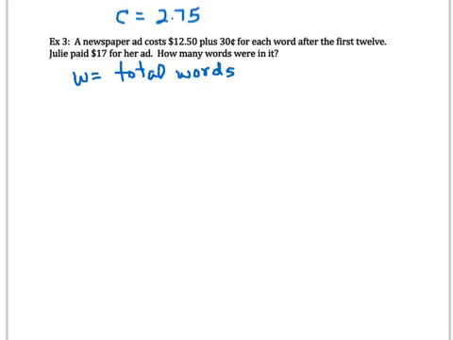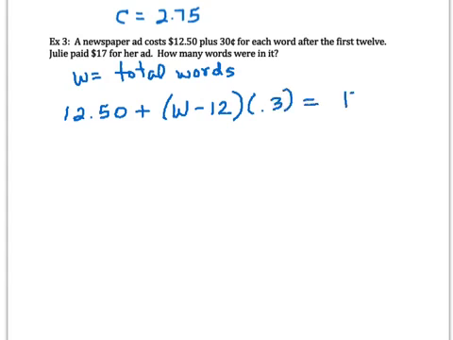Now when we set up our equation, we have this fixed cost of $12.50. We're going to add it to the cost per word after the first 12 words. Well, we're not paying for all of the words. We're paying for all of the words minus the first 12. And each one of those cost 30 cents, so I'm going to write it in decimal form. And all total, she paid $17 for her ad.